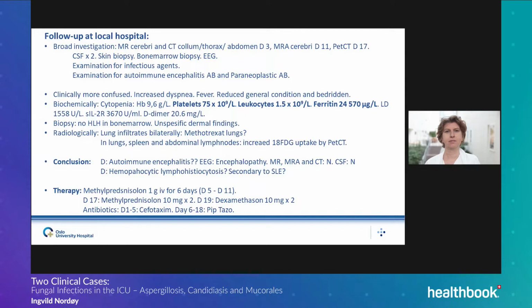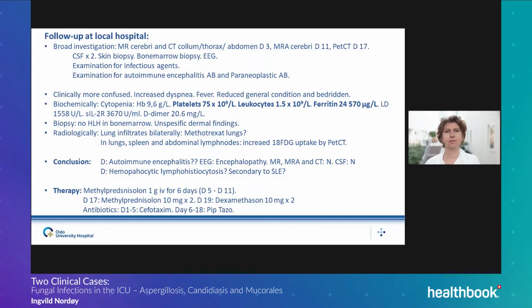LD was 1,500. We also checked the soluble IL-2 receptor because we were sniffing at HLH, the hemophagocytic lymphohistiocytosis here. They did a bone marrow biopsy, but didn't find any hemophagocytosis in the marrow. And the skin biopsy didn't really give much information.